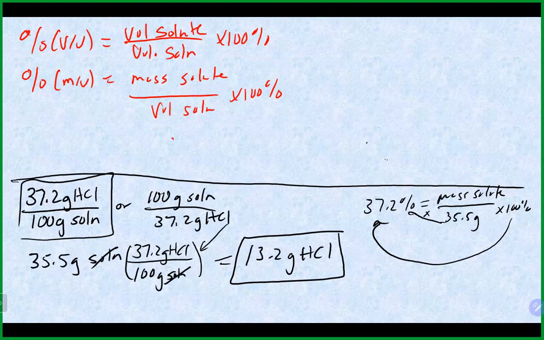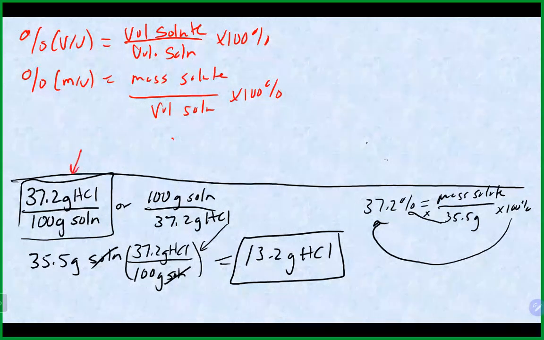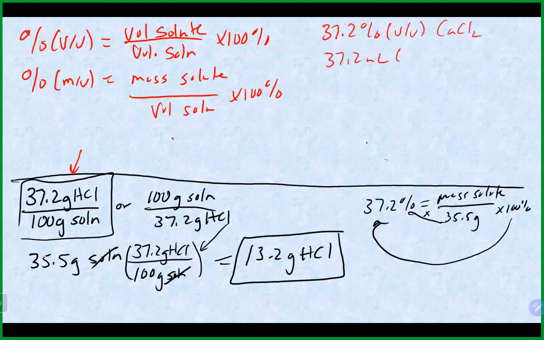But for any of those, you could turn them into a conversion factor. So we just saw what we could do with our 37.2% mass to mass. If we had 37.2% volume to volume, whatever this was, calcium chloride, that would mean we would have 37.2 milliliters of calcium chloride in 100 milliliters of solution.